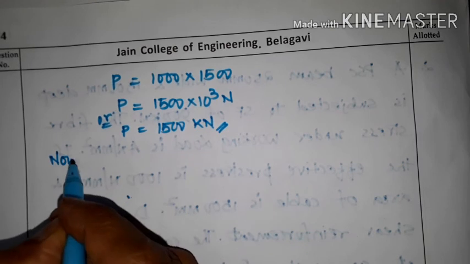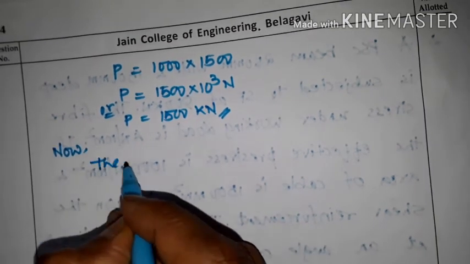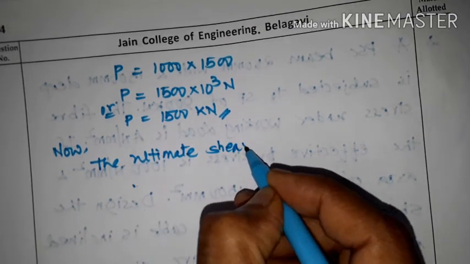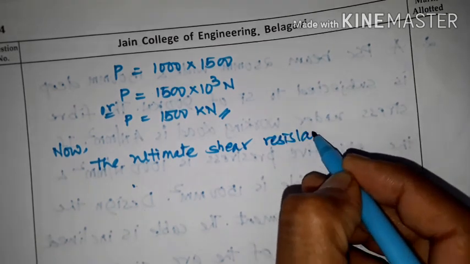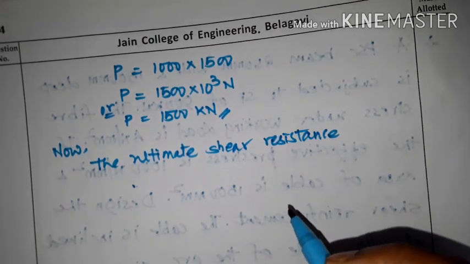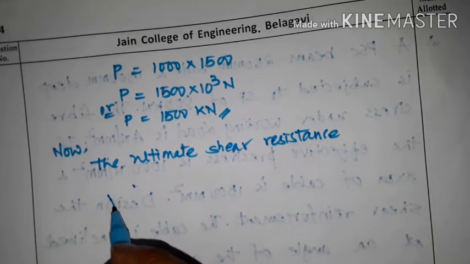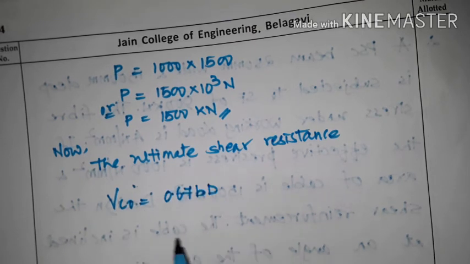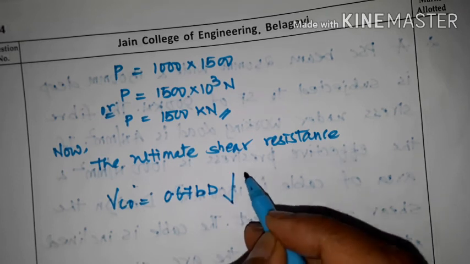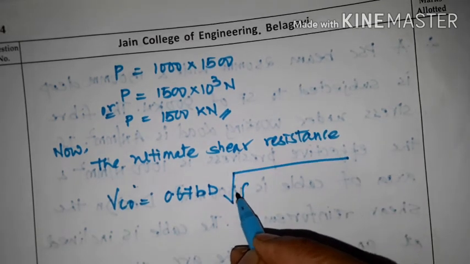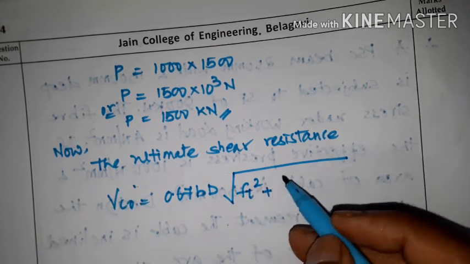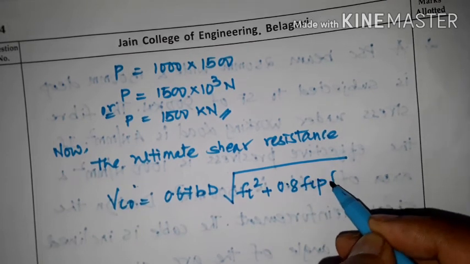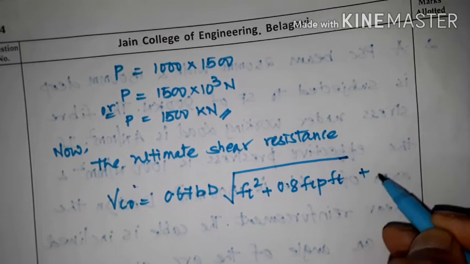So now the ultimate shear resistance, VCO, is given by 0.67 BD into square root of Ft square plus 0.8 FCP into Ft, plus P theta.